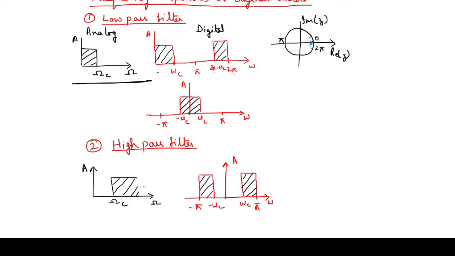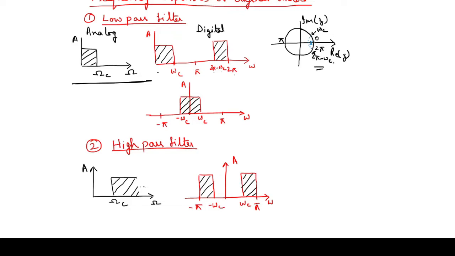Because if you place a filter over here for the low pass filter, you have two cutoffs. One is omega c, and the other point is 2 pi minus omega c.